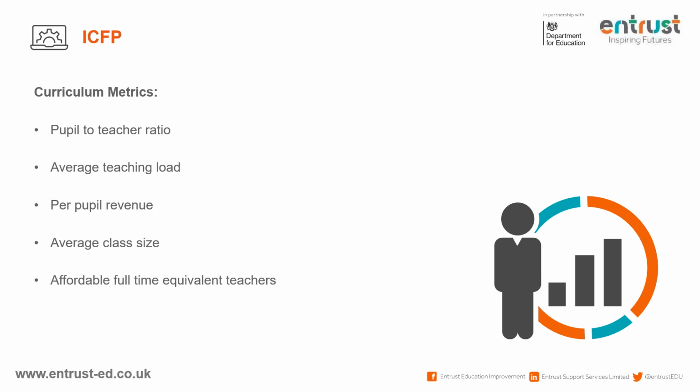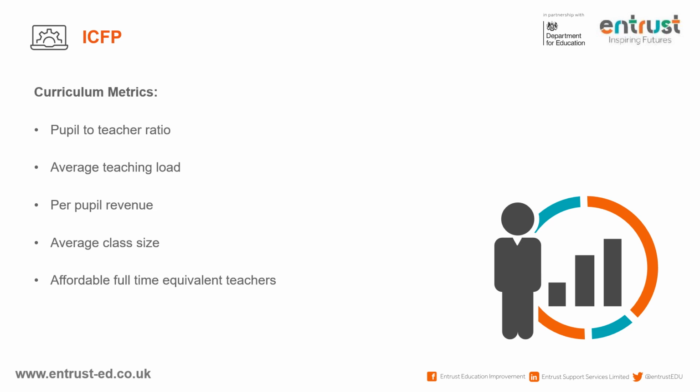At the end of the process, you should have a range of curriculum metrics, which can then be benchmarked against other similar schools. An example of a few are displayed on the slide above. Benchmarking, VMFI, and ICFP should not be used as standalone tools.